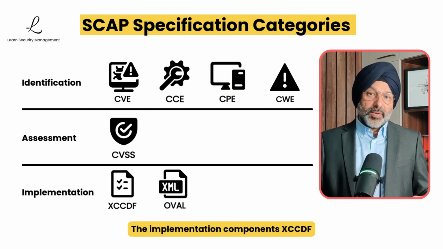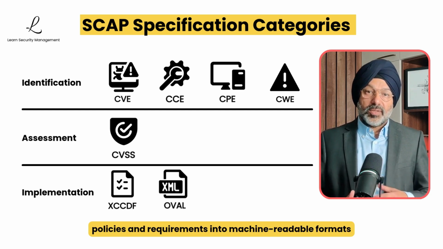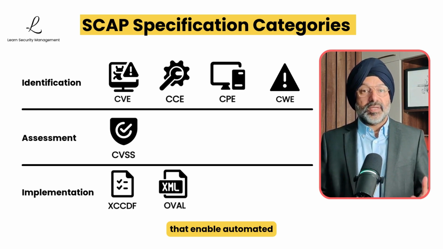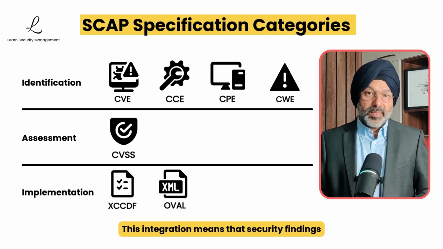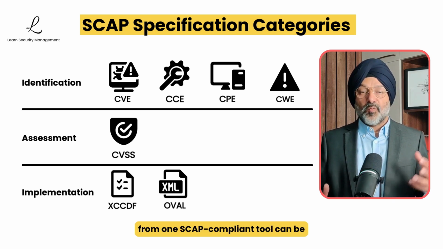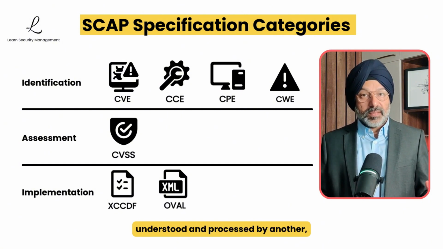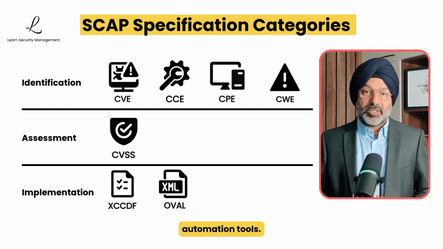The implementation components XCCDF and OVAL translate security policies and requirements into machine readable formats that enable automated compliance checking and vulnerability assessment. This integration means that security findings from one SCAP compliant tool can be understood and processed by another, creating an interoperable ecosystem of security automation tools.